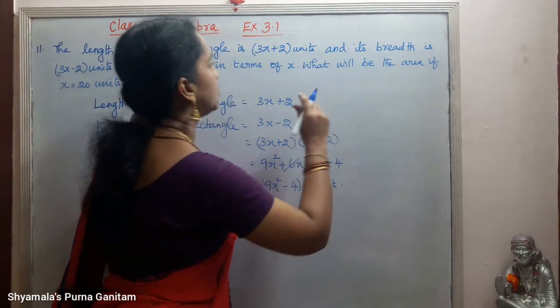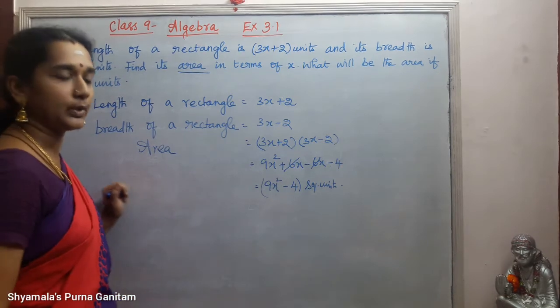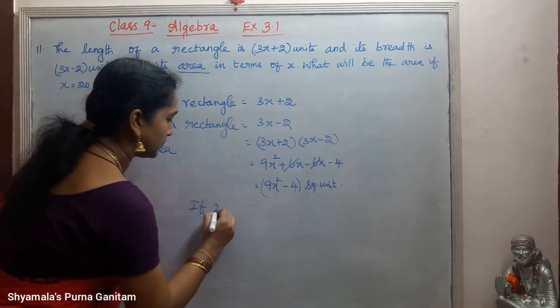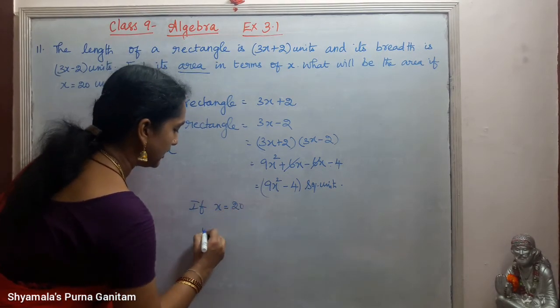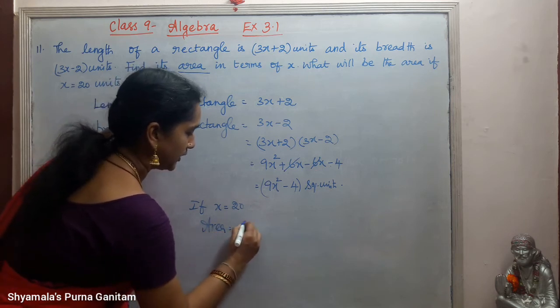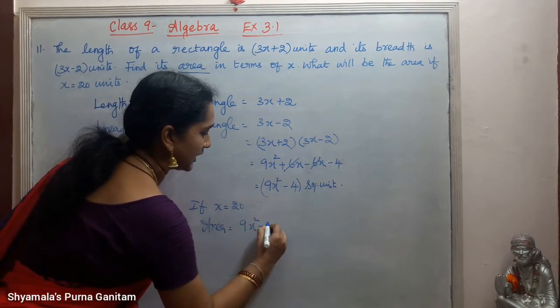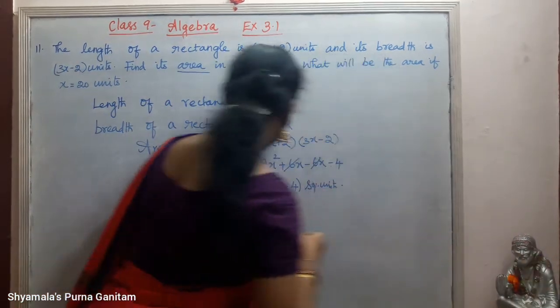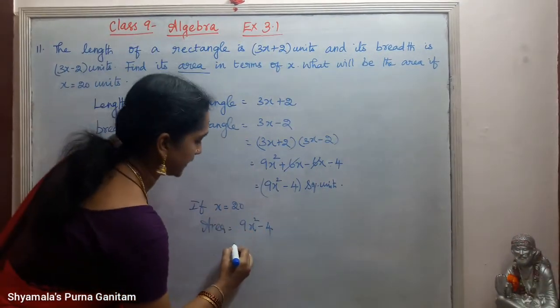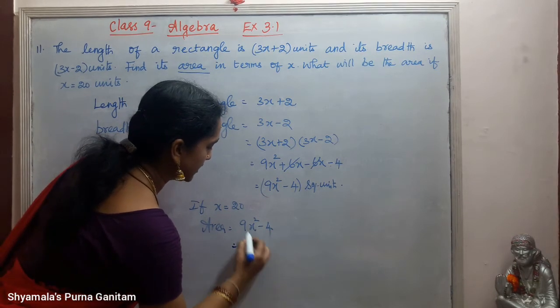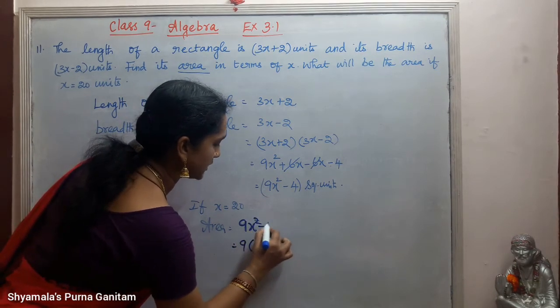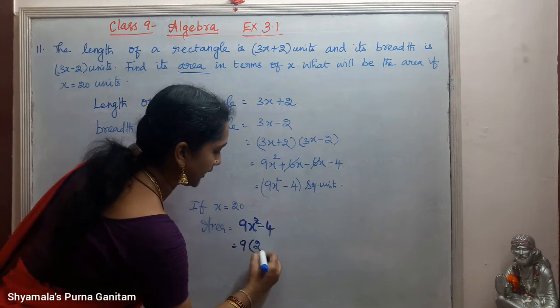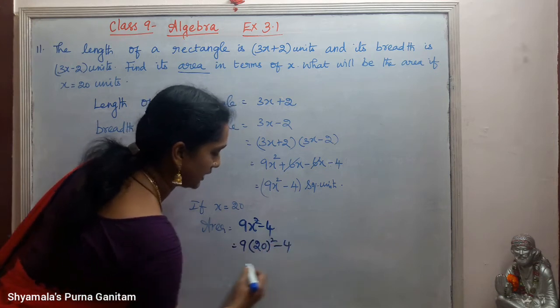Now what will be the area if x is equal to 20 units? If x is equal to 20, area is equal to 9x squared minus 4. By substituting the x value, x is 20, so 9 into 20 squared minus 4.